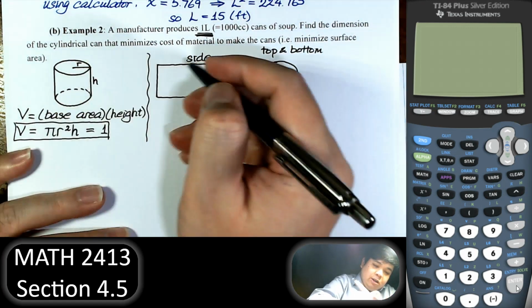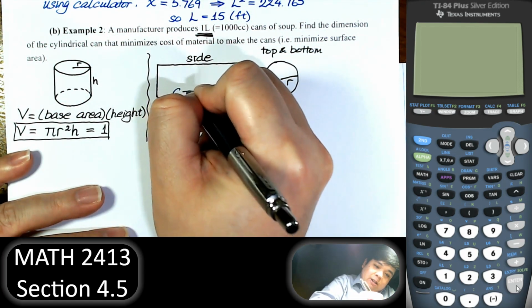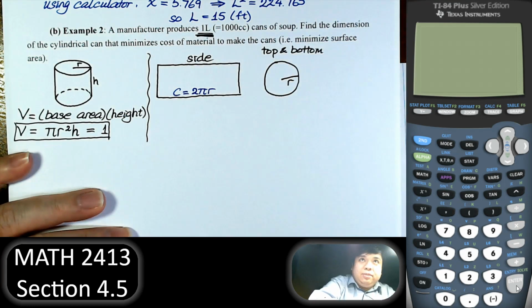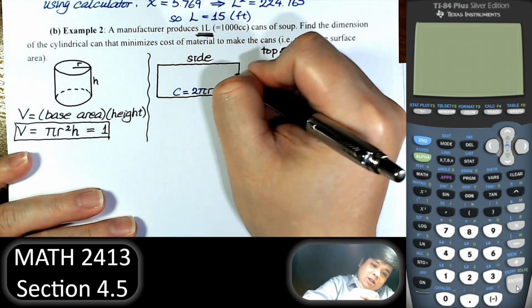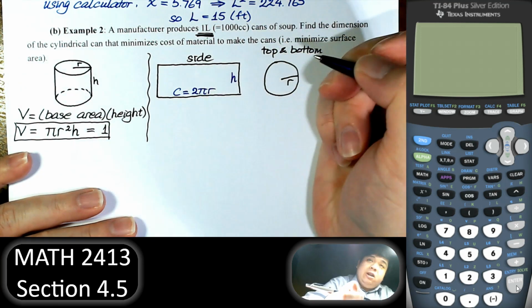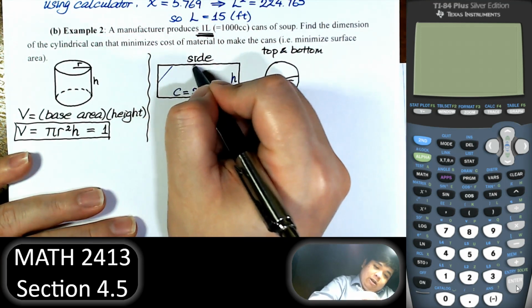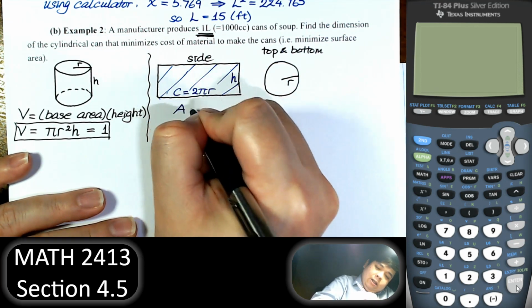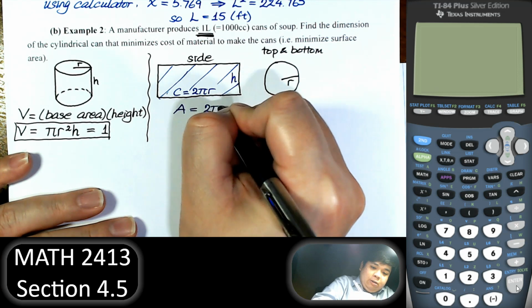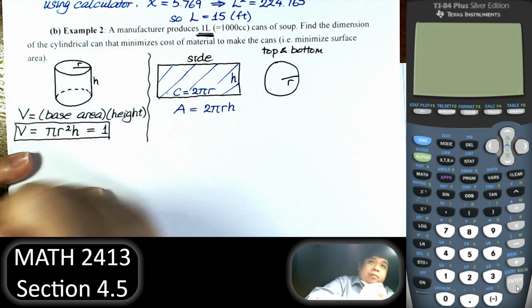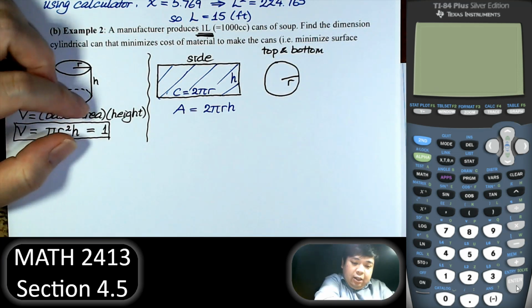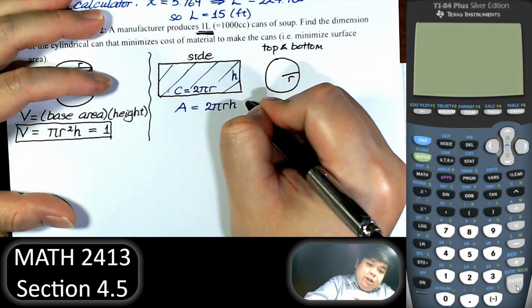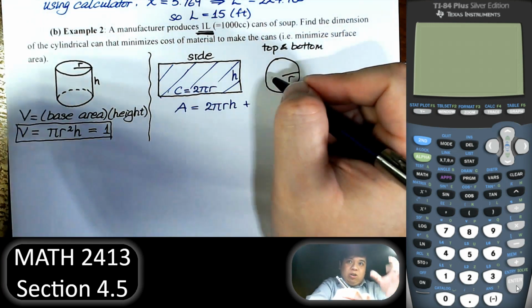So if this is R, the circumference is 2 pi R for this side, and of course this is still H, the height. So the area here is equal to 2 pi R times H. And then we have two of this circle, one for the top, one for the bottom.